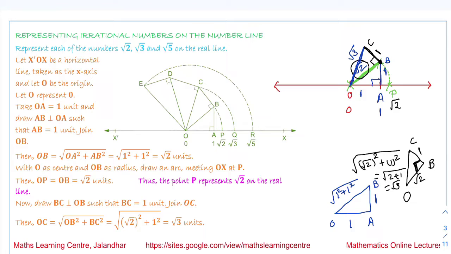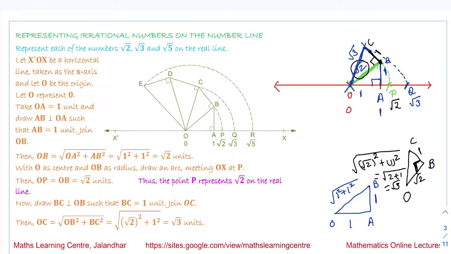Now I have to mark the point on the number line. So again we will keep the compass at point O, and at point C, and we will draw the arc over here of this much radius, and we obtain another point, and we say this point is Q and this point represents square root of 3.